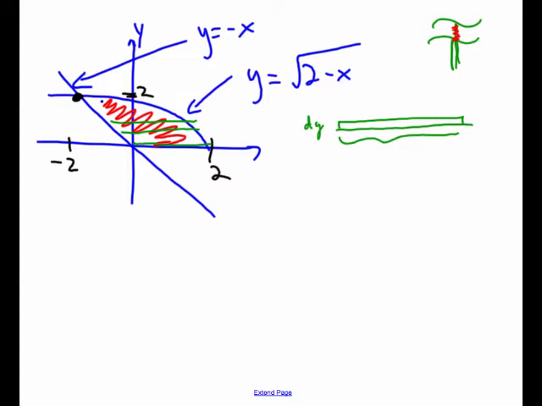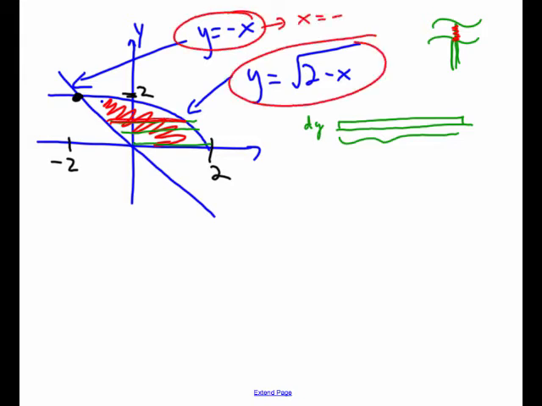And instead of taking the highest minus the lowest, it's still going to be the highest minus the lowest, but because we're running our rectangles horizontally, that's going to be the right value minus the left value. What this is going to mean is, since we're subtracting two x values to get this length, we need to have our functions isolated for x.